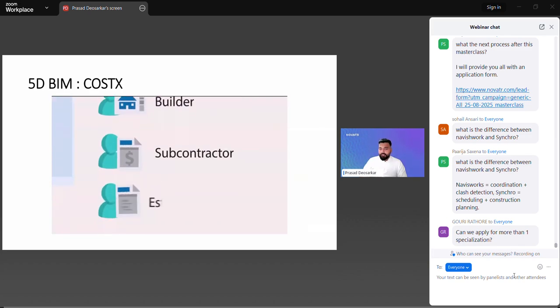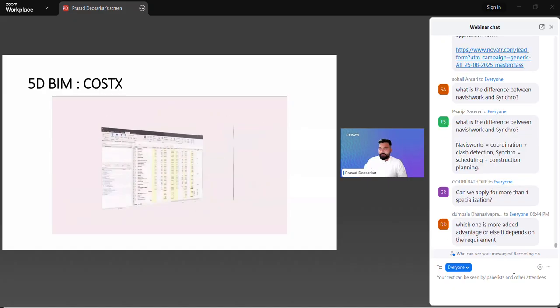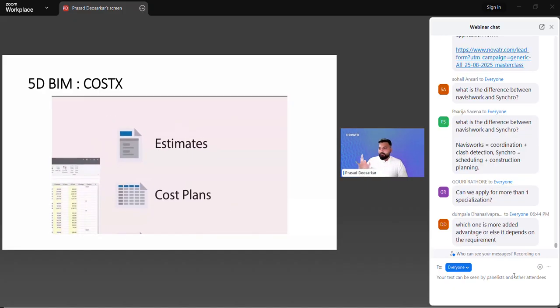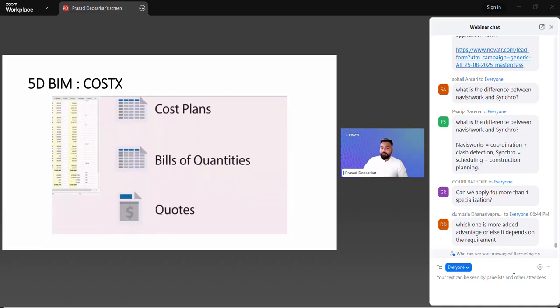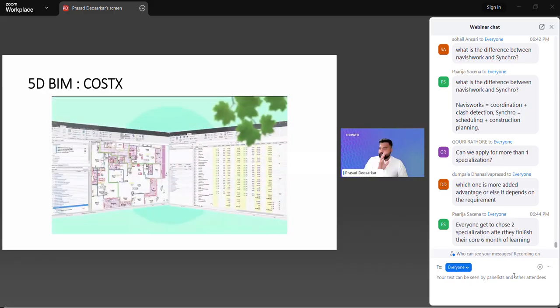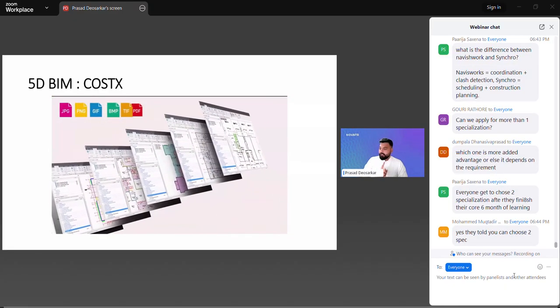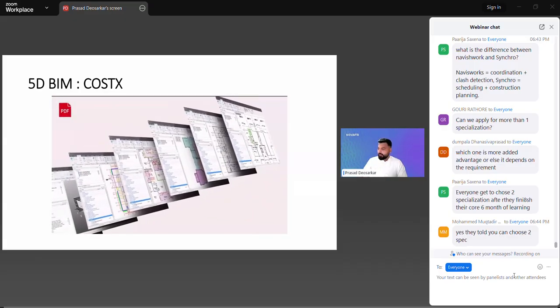It can be used by quantity surveyors, builders, subcontractors, and estimators, so most project management related people will be able to use it. It can do cost plans, bills of quantities, and quotations straight from the BIM model. You can also use Costx on your 2D drawings, so you can generate quantities from 2D drawings also.